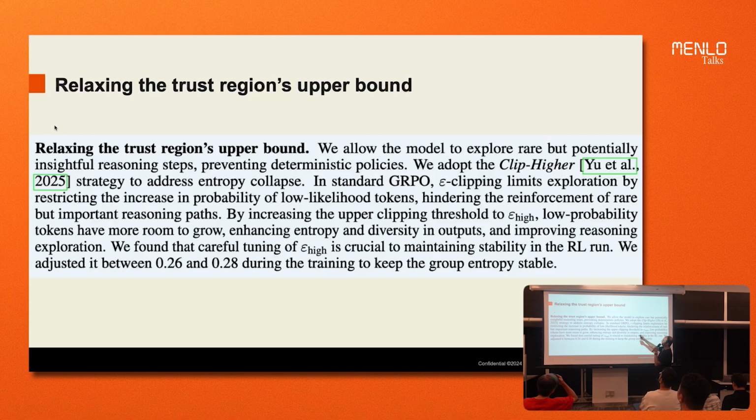Relaxing the trust region upper bound, basically it's the two thresholds that I showed before. So it's okay to be overconfident about the choice. It's like our cat says, every time I'm here, I should shake my hands, even if there is no user in front of me. It's fine. But we don't want the cat to be too afraid to even raise their hand. That's the kind of the idea behind these two thresholds.